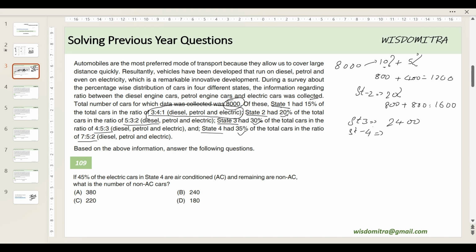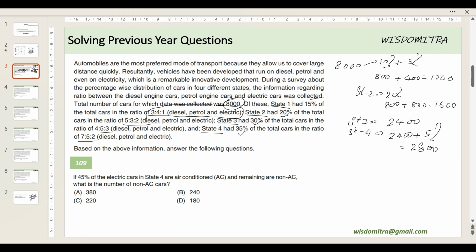Another way is to divide this 35% also. One way is basically subtracting these three numbers from 8000 so as to get state 4. Second is calculating state 4 directly. We have just seen state 3, 30% is 2400, 35% is nothing but 2400 plus 5%, right? And we have seen here 5% is nothing but 400. So effectively state 4 would have 2800, right?